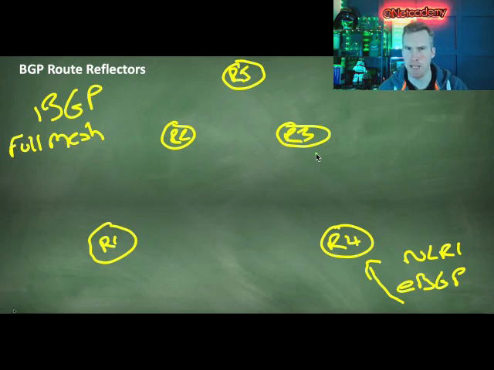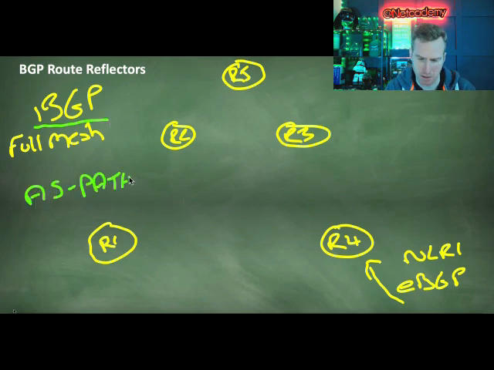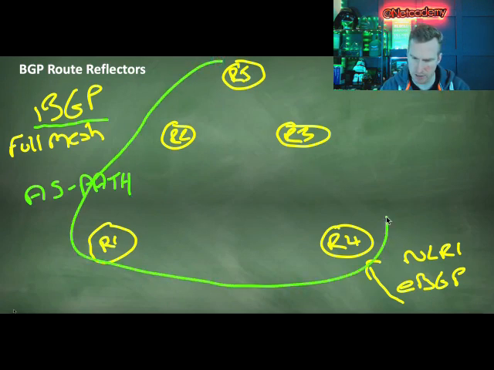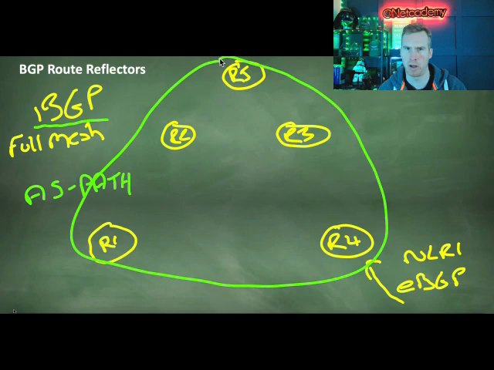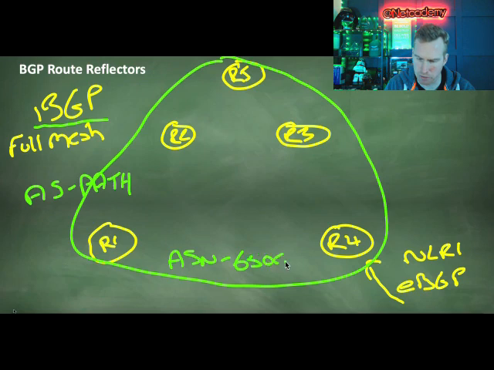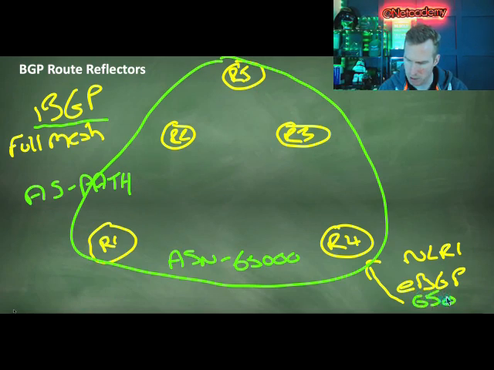The big reason for this is that with iBGP, the loop prevention mechanism is the AS path, or autonomous system path. Say, for example, all of these routers from R1 to R5 are in ASN 6500, just for example, and this eBGP peer has come from 6501, again just a random number.